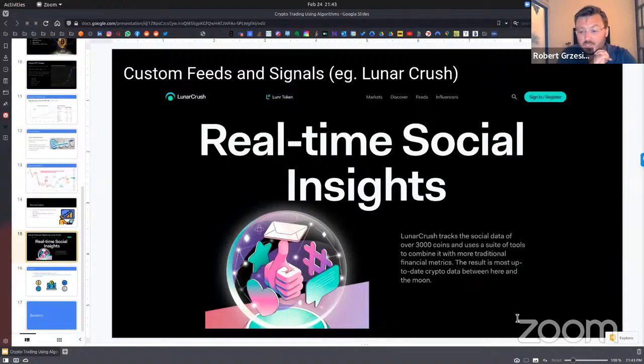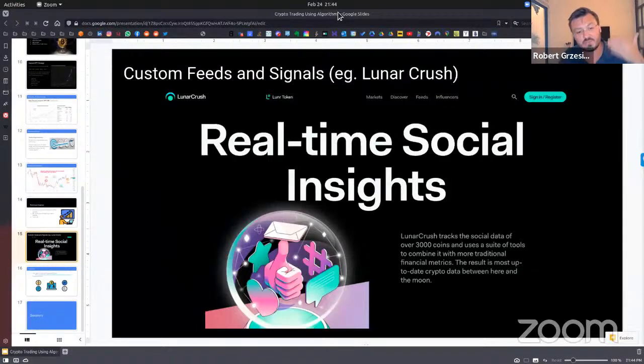Basically what it does is it analyzes social insights. They have bots inside of Telegram, Discord, Twitter, Reddit and all that, reading all these different messages, and they aggregate all that information together and tell you this coin is trending. There are a lot of people talking about it, and a lot of really good influencers talking about it.